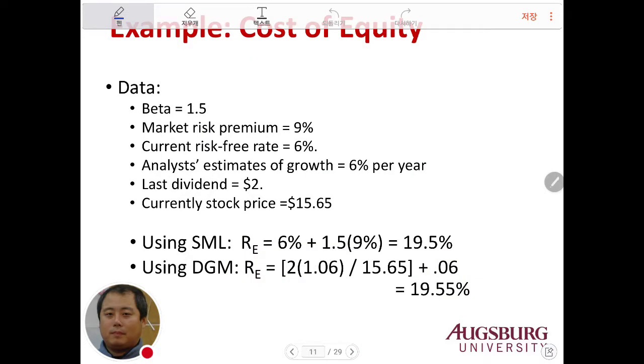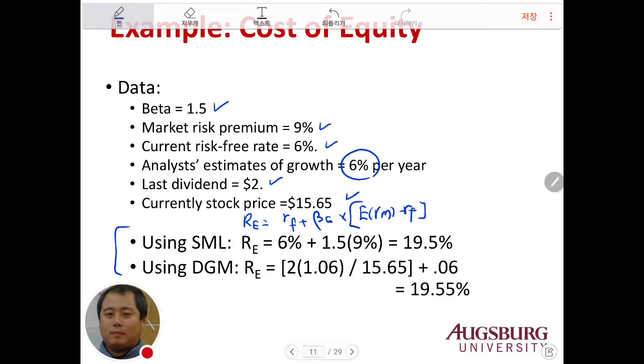So this is another example to calculate the cost of equity. Now there is a beta, market risk premium, risk-free rate, and then this is the growth rate, the last dividend, and the current stock price, so we can actually use two models separately to calculate the cost of equity. So the cost of equity for CAPM is the risk-free rate plus beta of the equity times market risk premium, right?